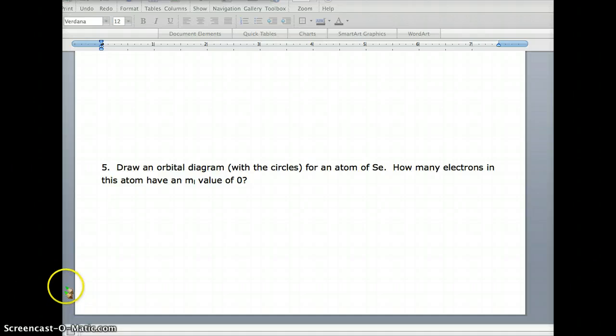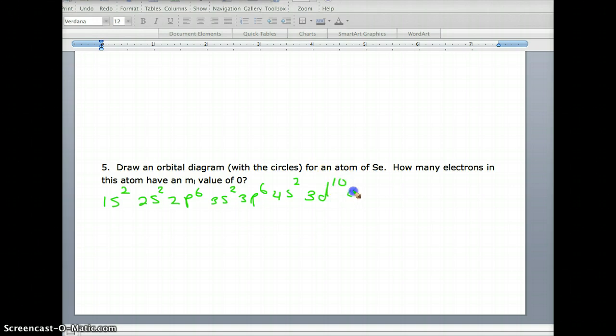So we'll be looking at a 1s2, 2s2, 2p6, 3s2, 3p6, 4s2, 3d10, 4p4. So 2, 4, 10, 12, 18, 20, 30, 34. Did I say 36? It has 34 electrons. That's selenium, it's 34.